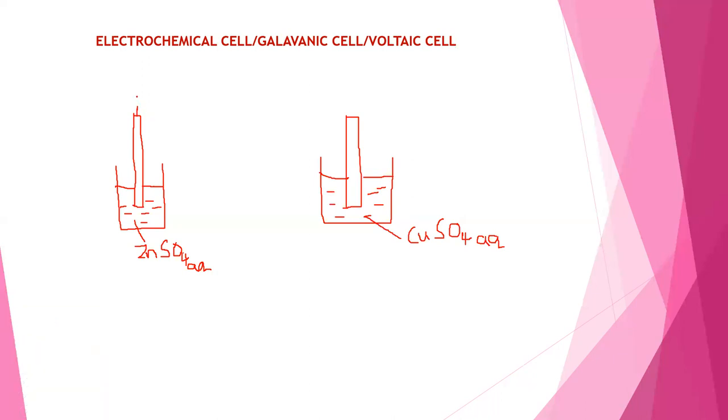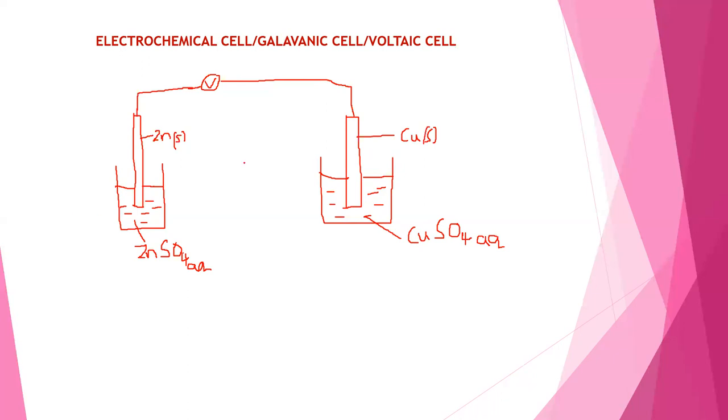They are connected, and there is a voltmeter, which is used to determine the voltage of the cell. Then this is the zinc electrode, that is zinc metal, which is solid because it is a metal. Then this side we have copper metal, which is also solid.